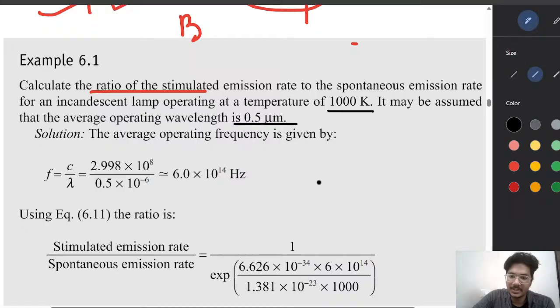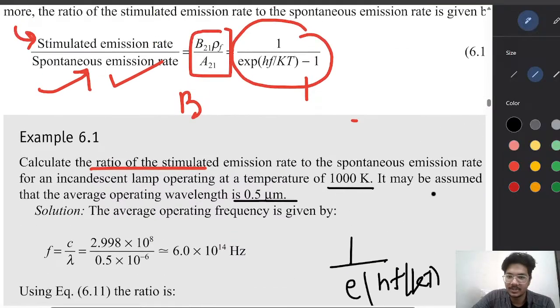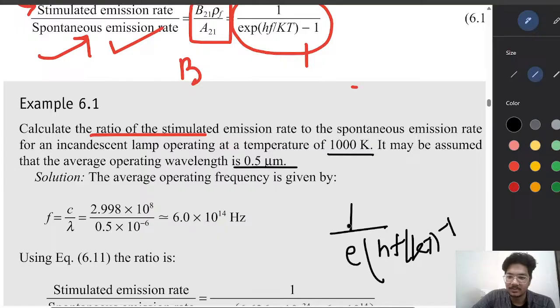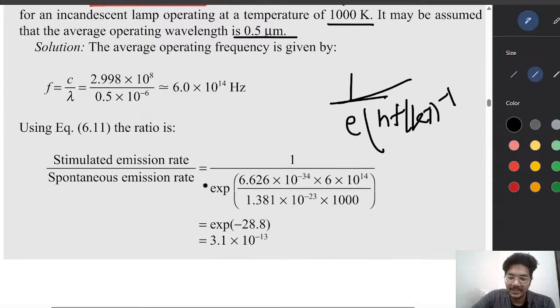What is the formula? It is simply e exponential of h f by kT, minus 1. Planck's constant h is given. How do we get the frequency?